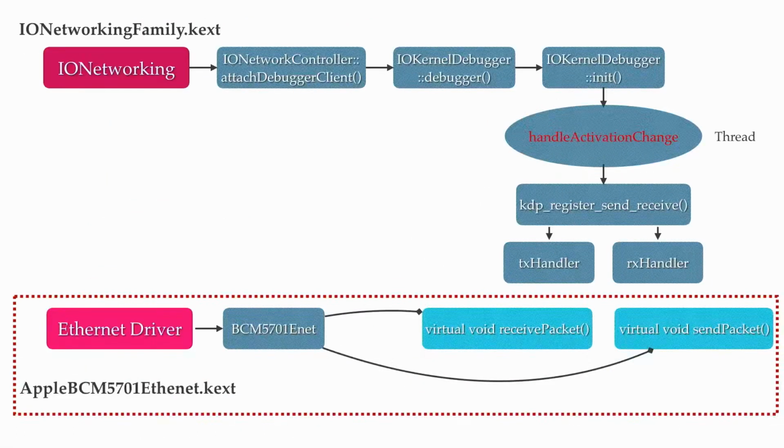In the Ethernet extension part, as mentioned, it must implement a pair of handler functions that are called to handle KDP transmit and receive requests during a debugging session. After you enable the remote debugger, it will call the attach debugger client method to init the KDP protocol, and use the KDP register send and receive function, which is exposed in BSD, to register the send and receive handlers.